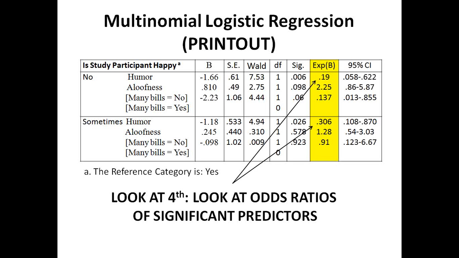Well, you don't interpret the odds ratio of a continuous independent variable like humor or aloofness the same way you would of a categorical independent variable. So you could note the odds ratio in your description, but you wouldn't say this many times more or less likely because it's a continuous independent variable.